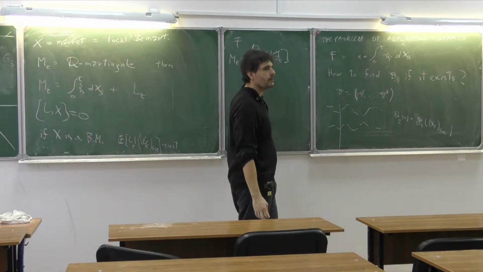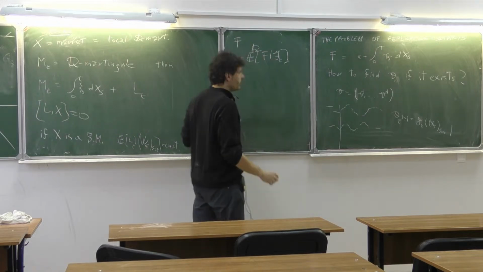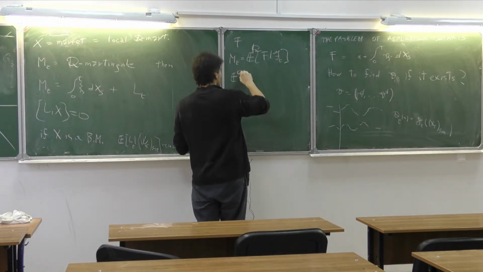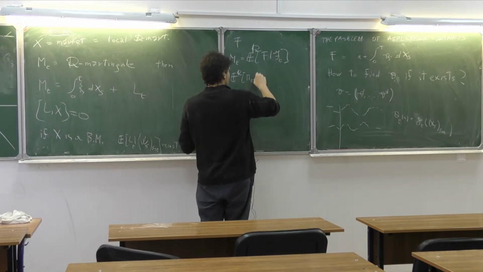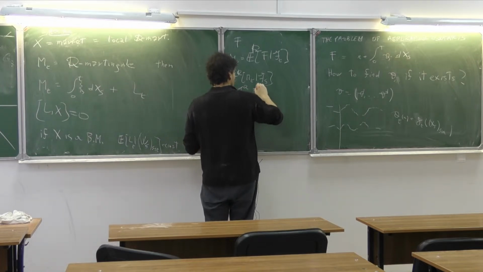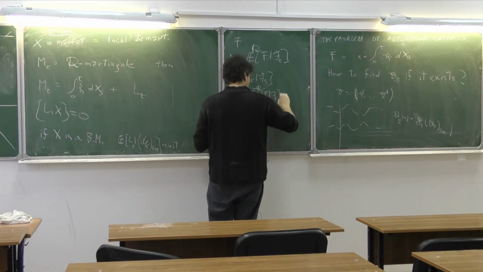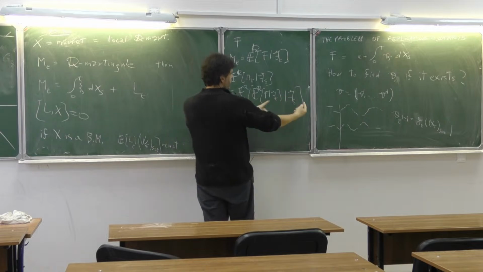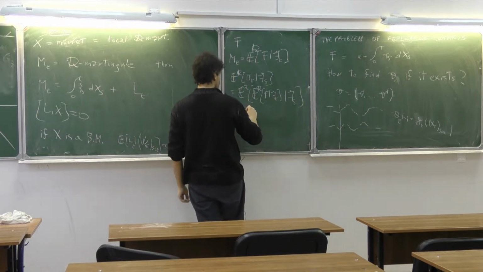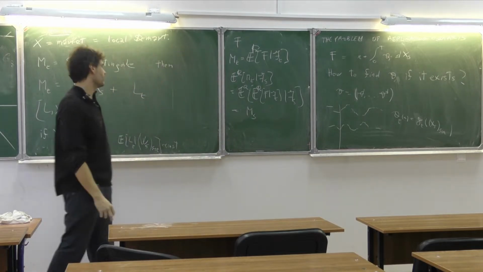You condition at M_T and then at F_S, and the value is M_S. So the expected value under Q of M_T given F_S is the expected value under Q of the expected value of F given F_T, given F_S, and this is exactly the expected value at the smaller time, so it's M_S. So this is a Q martingale.